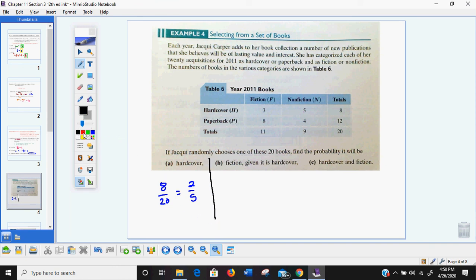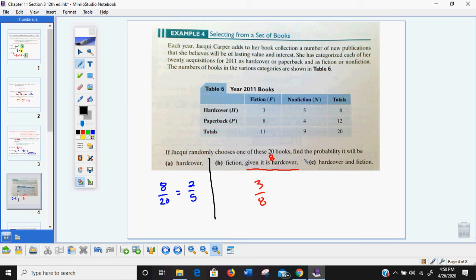The next one says fiction given it's a hardcover. So we only care about those 8 hardcovers. Fiction given it's a hardcover. Well, there are 3 out of the 8 that are fiction and were hardcovers to begin with.